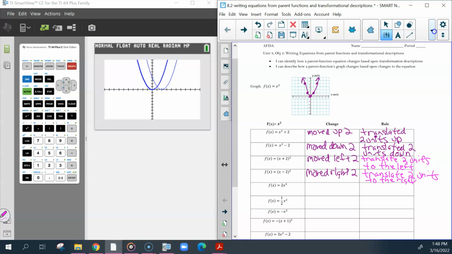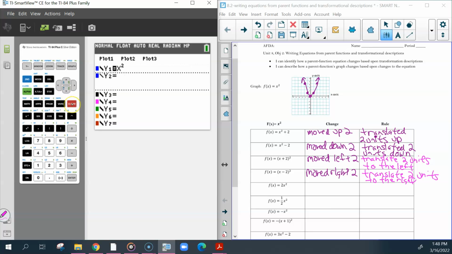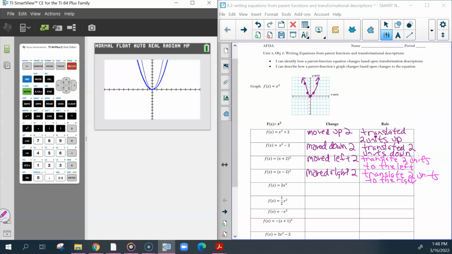Now we're going to see what happens if we do 2 times our parent function. We're going to put in 2x squared, and you can probably start to guess what might happen, but let's see. As you're looking at the original, our parent function, and then at that 2x squared, it looks thinner, shorter. What it's really doing is stretching.